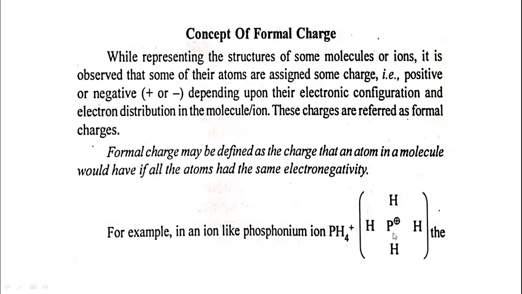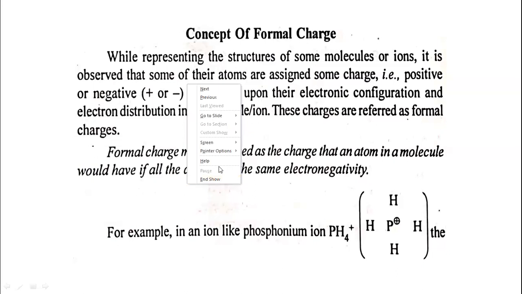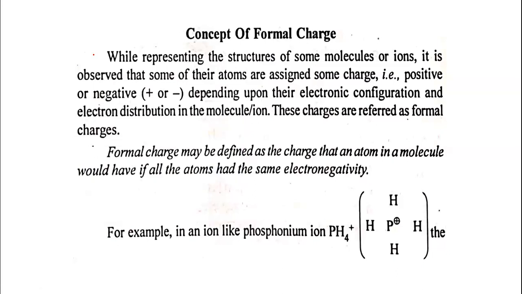But why is this formal charge developed on the phosphonium ion? Why should the phosphonium ion be represented as PH4+?